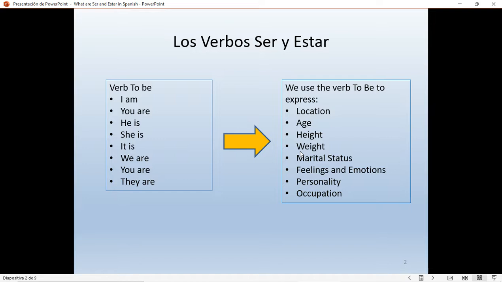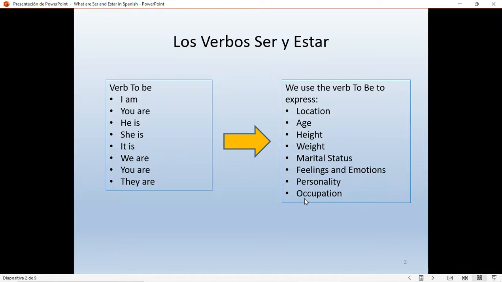Height and weight, physical characteristics, marital status, if someone is single or married or divorced, feelings and emotions, how people feel, if you are happy, if you are sad, if Maria is angry, personality, if the subject is a smart person or a funny person or a grumpy person, and occupation, what people do for life.